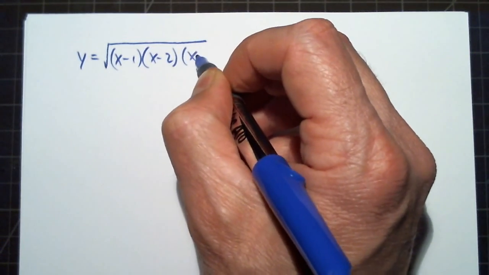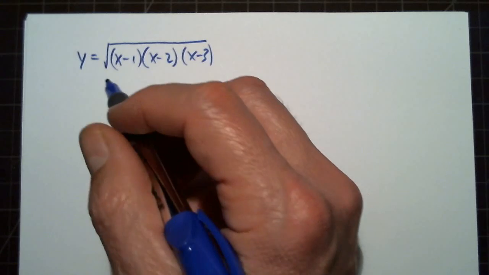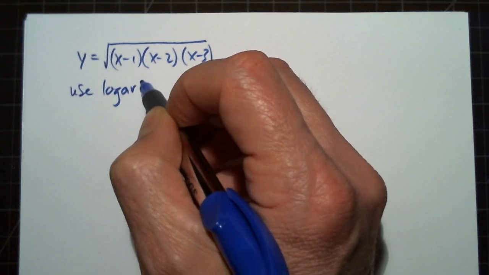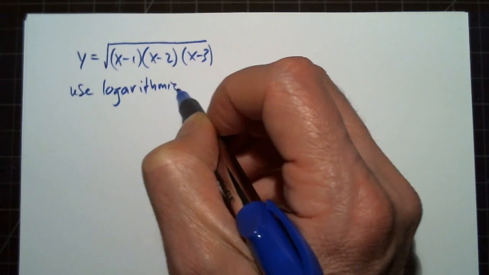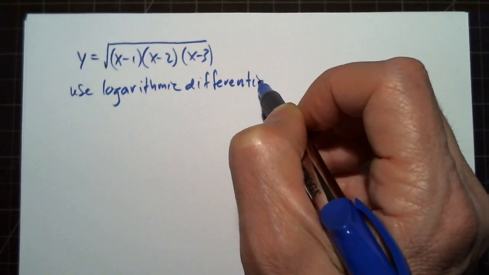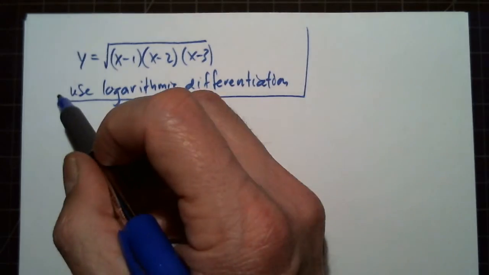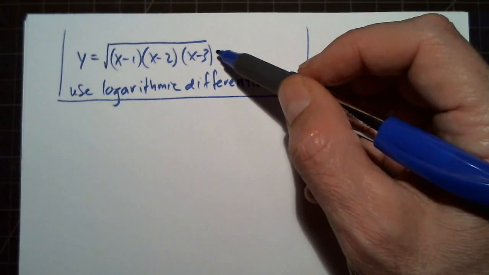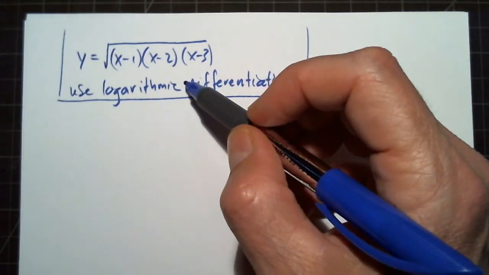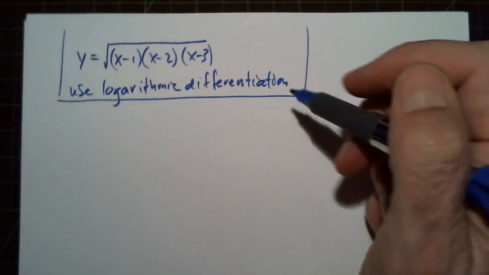So if we were going to find the derivative of this, use logarithmic differentiation. If we weren't using logarithmic differentiation, this would be a chain rule with two product rules inside of it. That's going to be a lot of work.